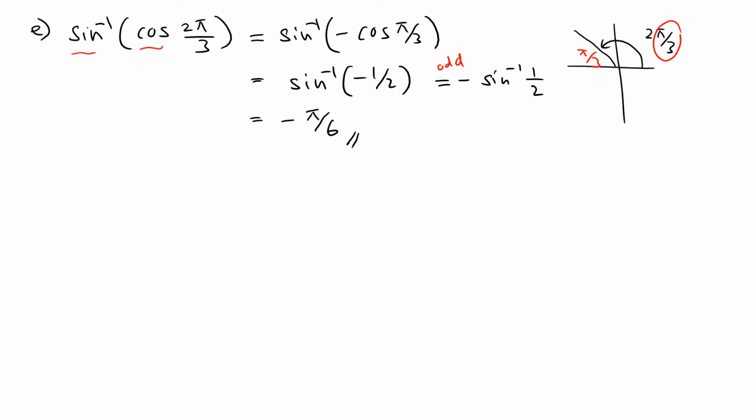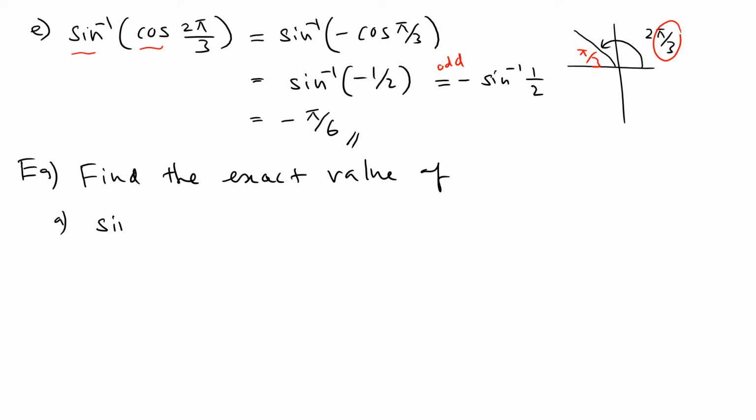Okay, so let's do the other type. Find the exact value of, so let's do the first problem like this. Let's say sine of sine inverse 1 over square root 2. Now we have the inverse inside. When you do that, sine inverse gives you an angle first, and then we find the sine of that angle.